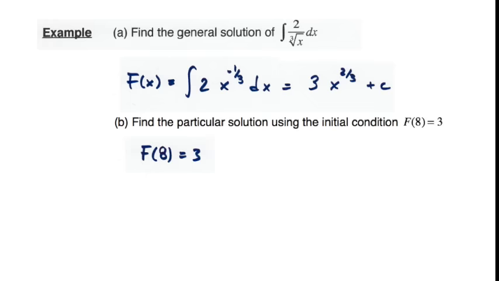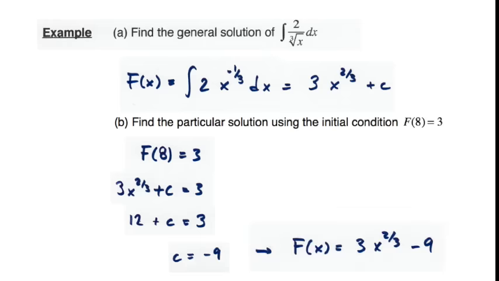F of 8 equals 3 means 3 times 8 to the power of 2/3 plus c equals 3, and if I solve, I find that c equals negative 9. Therefore, the antiderivative is f of x equals 3x to the power of 2/3 minus 9.